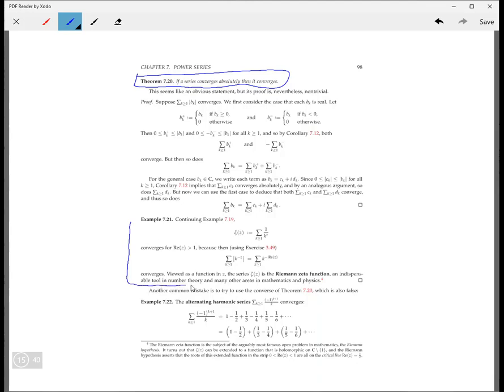This is the Riemann zeta function. It's a very famous function. And what happens is this series converges when the real part of z is greater than 1.